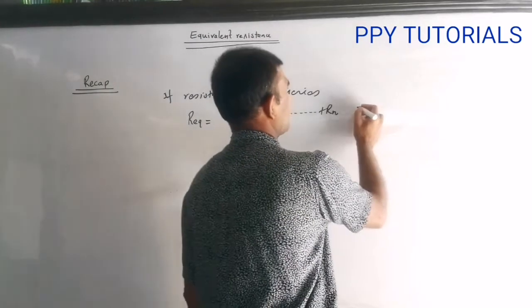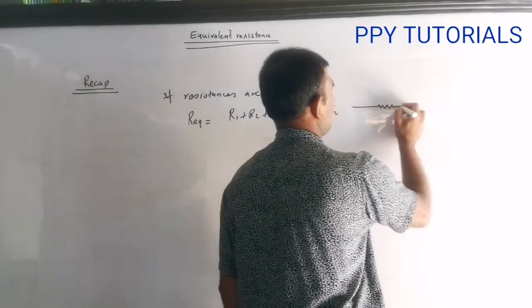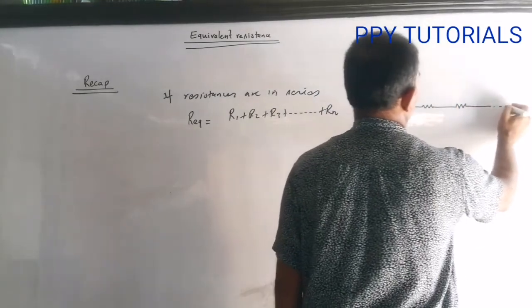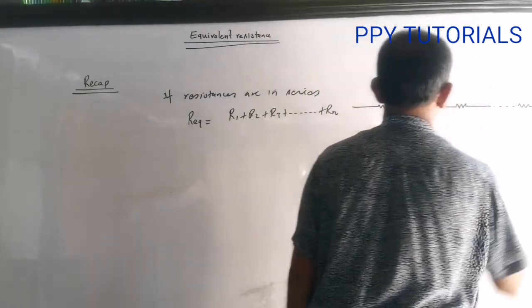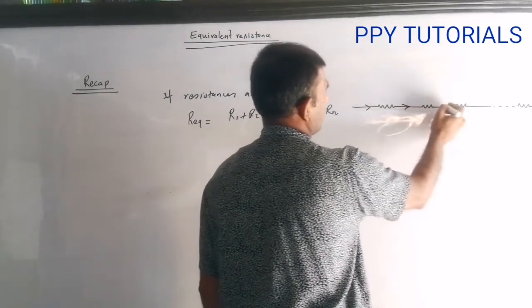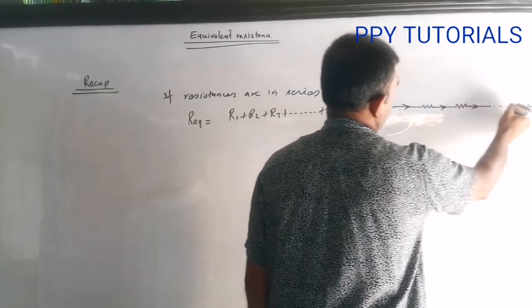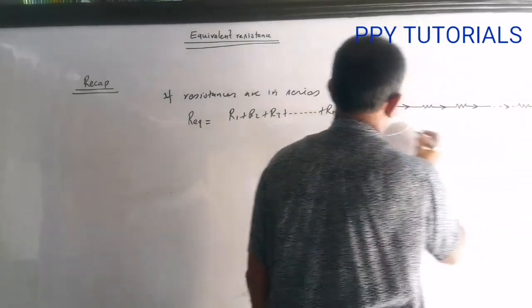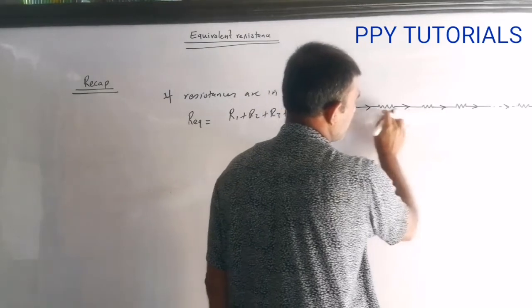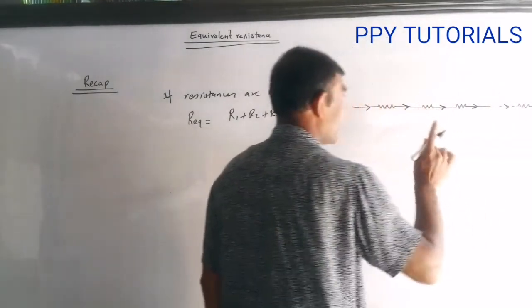And how do we know resistances are in series? If so many resistors are connected end to end, back to back, and the only way to confirm is if all of them get the same current, then they are in series.